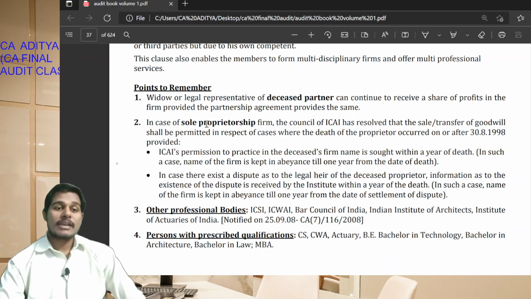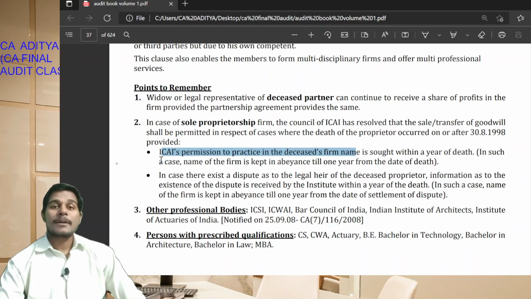Okay students, in the case of a sole proprietary firm, where the ICA has resolved that sale or transfer of goodwill shall be permitted, when ICA permission to practice in the deceased firm name is sought within a year of death.